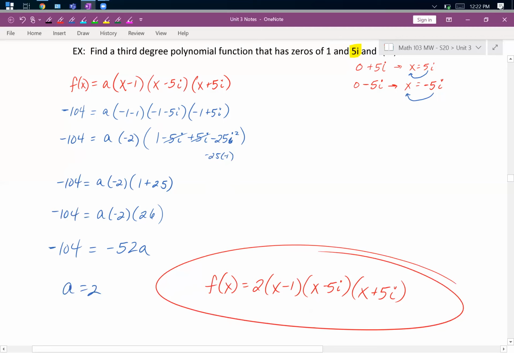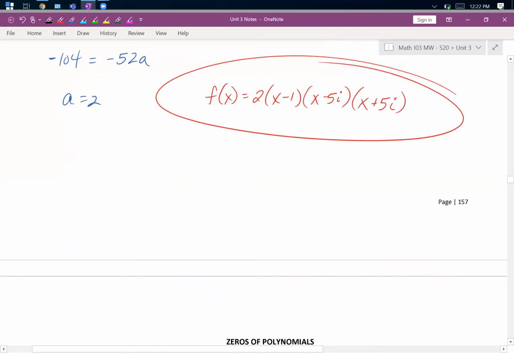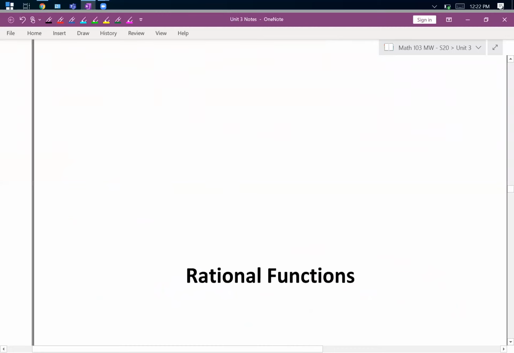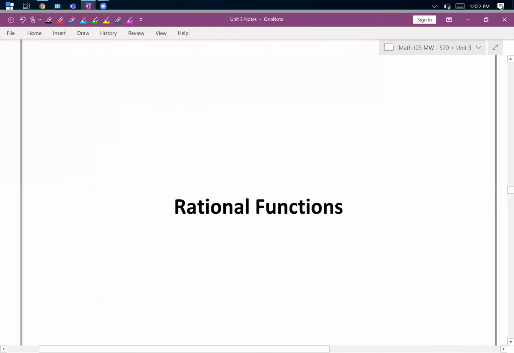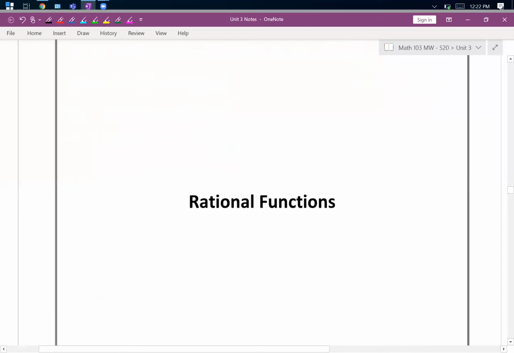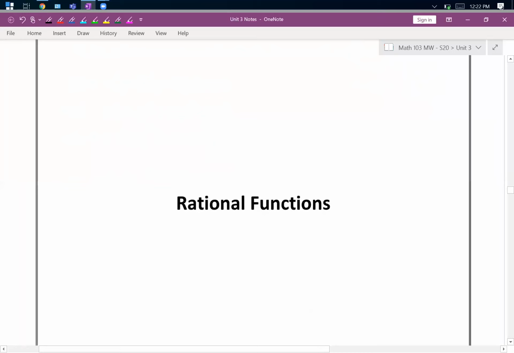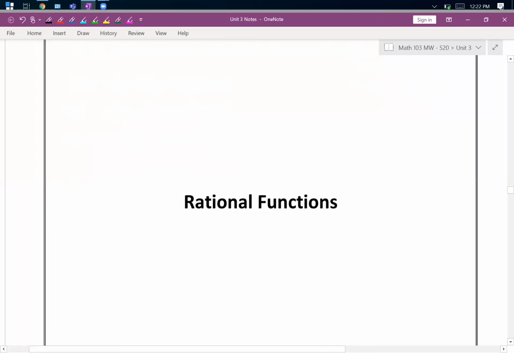And then on Wednesday, we are going to proceed into rational functions, where we're graphing all kinds of rational functions. You're always welcome to watch the videos to preview if you like, and then I will live lecture on Wednesday.